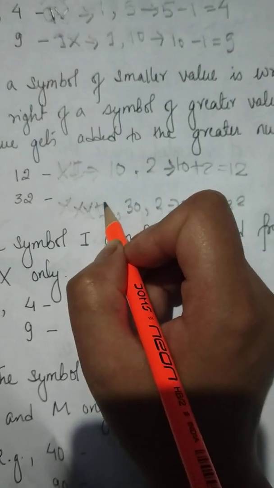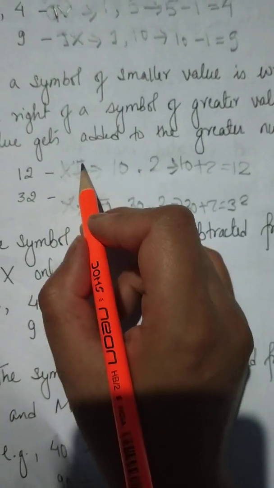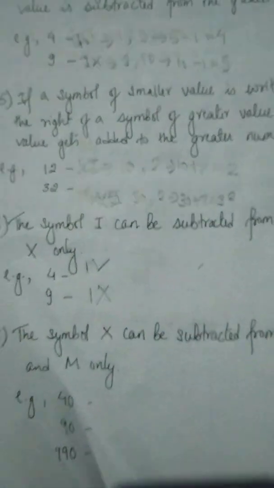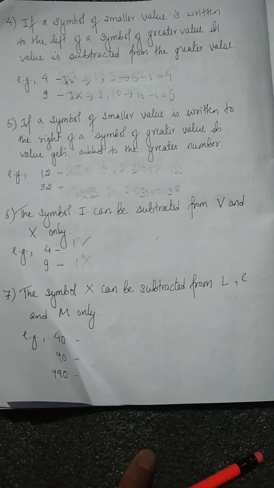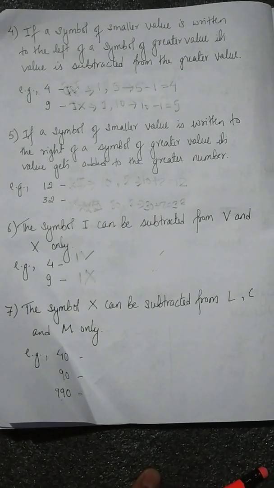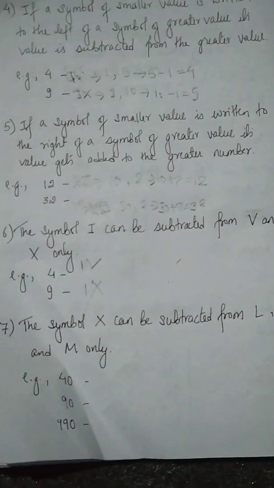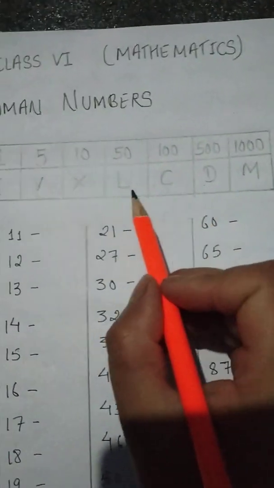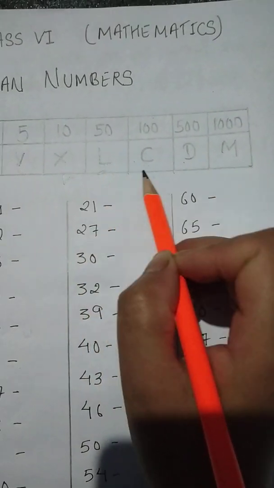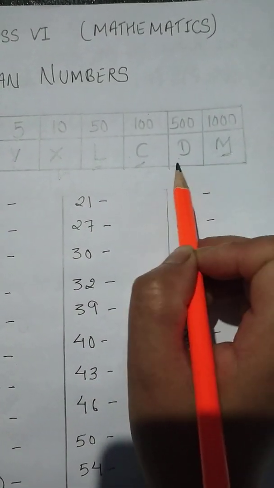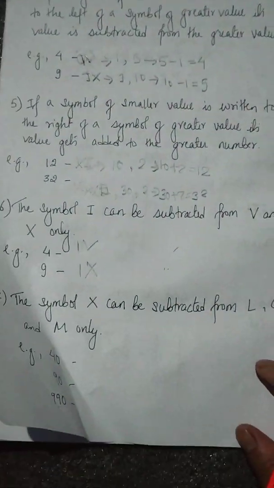Okay, if this is not clear, I will write it once again. Okay, now the last rule, that is rule number 7. The symbol X can be subtracted from L, C and M only. For 10, X can be subtracted from L, C and M, not from D. Okay, so this is your rule number 7.